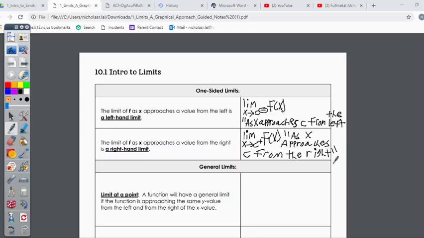And remember, that's as x, an arrow, c from the right. All right, so that's one-sided limits.